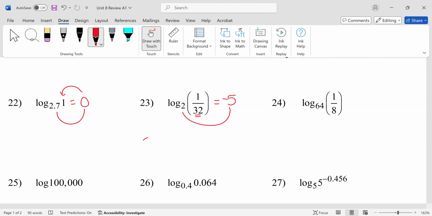So look, guys, 2 to the power of -5, you flip it so that it'll be positive 5 in the denominator, and this is 1 over 32. So your answer was negative 5. Okay, so guys, my question is 64 to the power of what gives you 1 over 8?